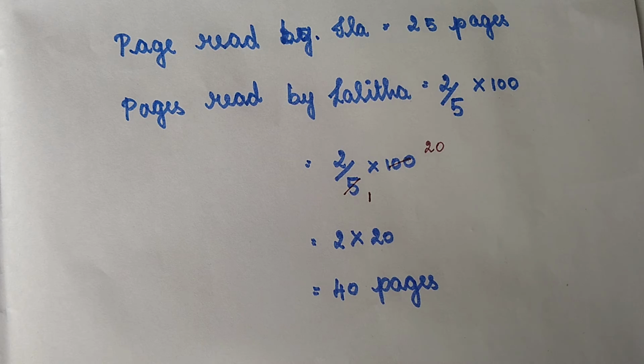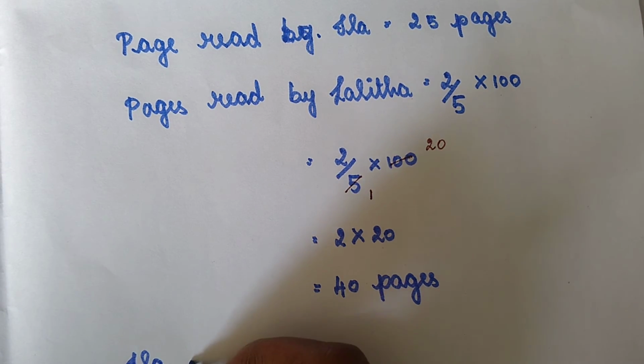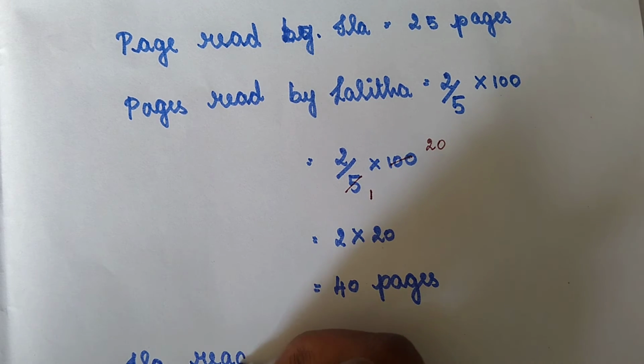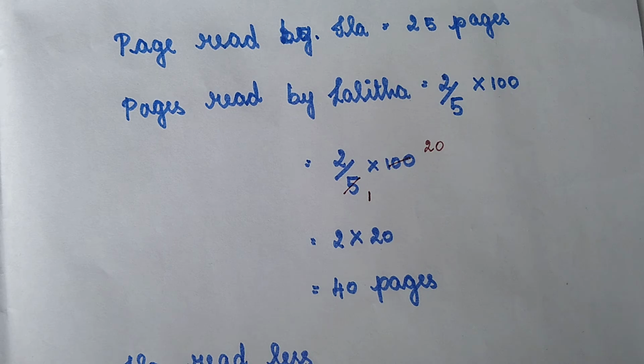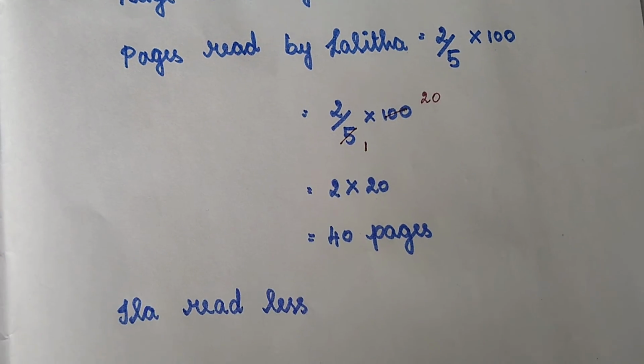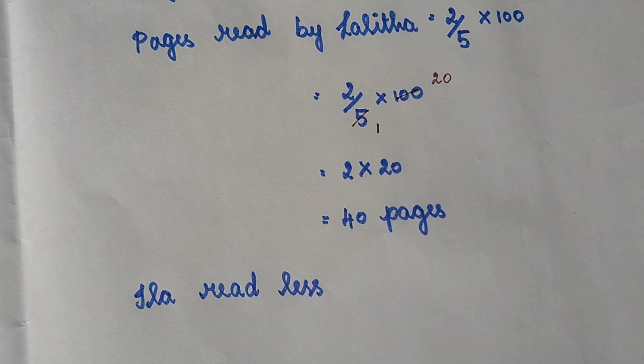So we can write: Ila read less. Ila read less number of pages. This is our answer. Next we have to move to the 10th sum.